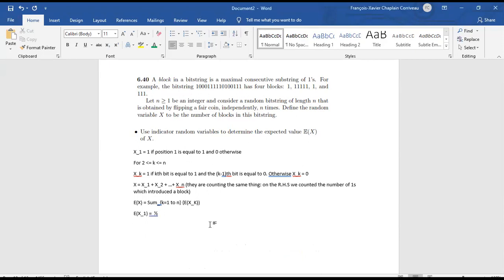Now, what is the expected value of xk, for k greater or equal to 2 and less or equal to n? So for k greater or equal to 2, the expected value of xk, what is it?